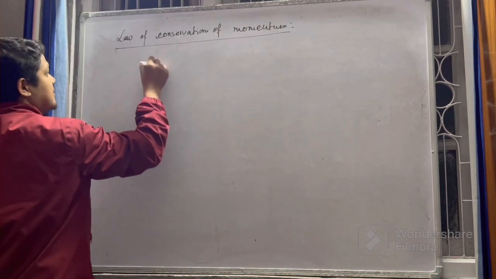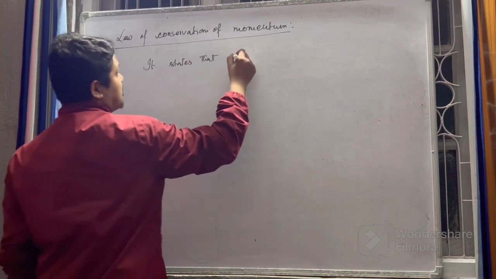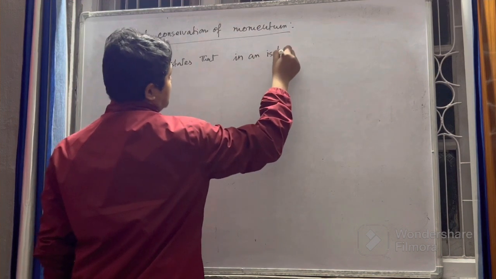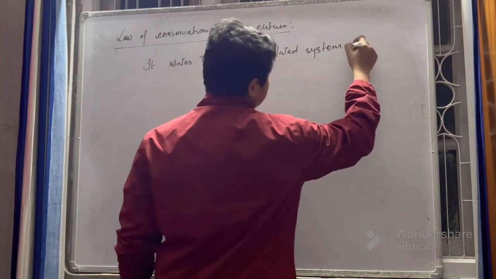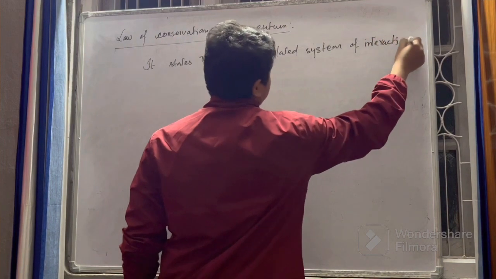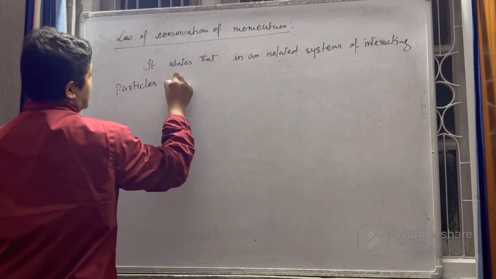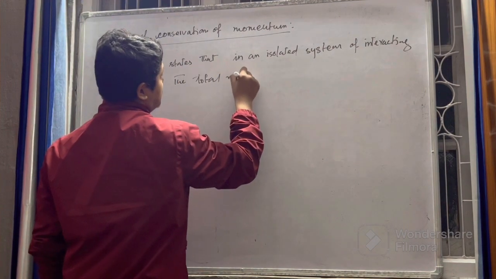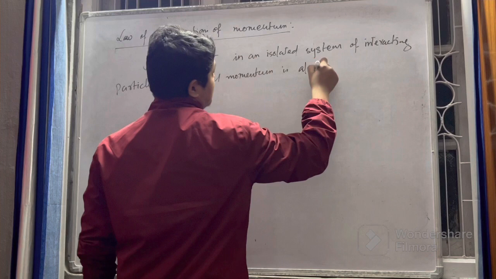It states that in an isolated system of interacting particles, the total momentum is always conserved. Total momentum is always conserved, right?